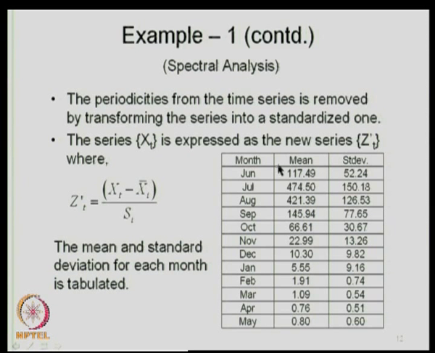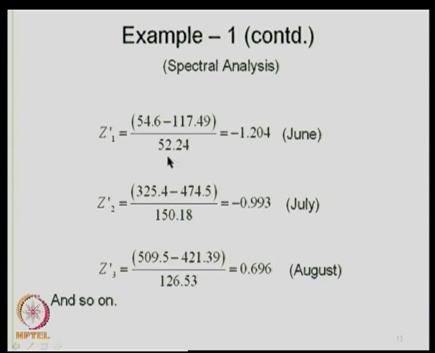So, you deduct the mean of June when you are taking I is equal to 1 and so on, and similarly the standard deviation corresponding to that particular month. So, we formulate z dash t by this particular transformation. So, the original time series x t is now transformed into z dash t, and for example, you are looking at the first value x 1.